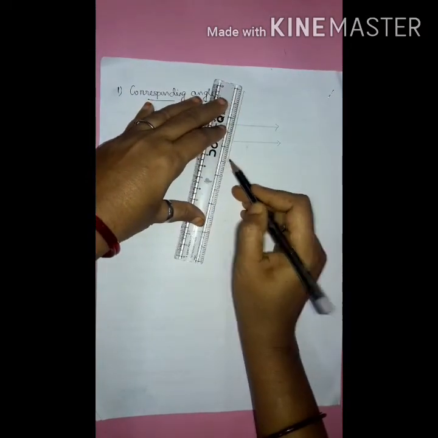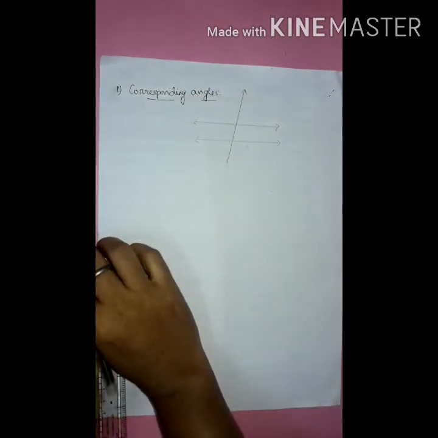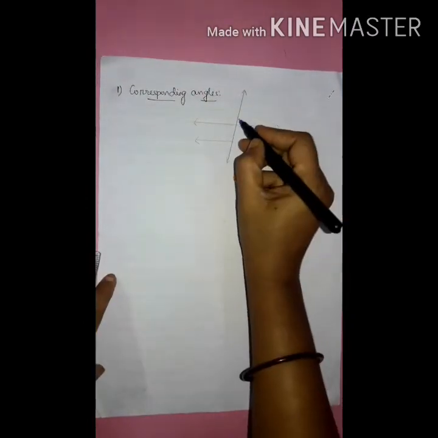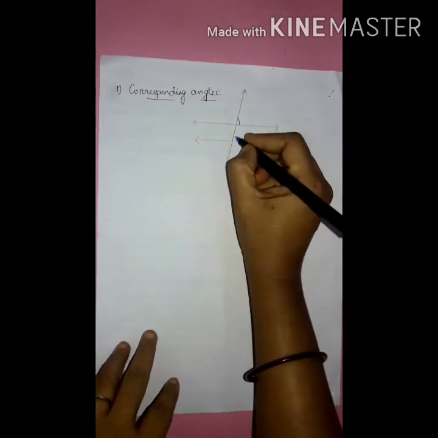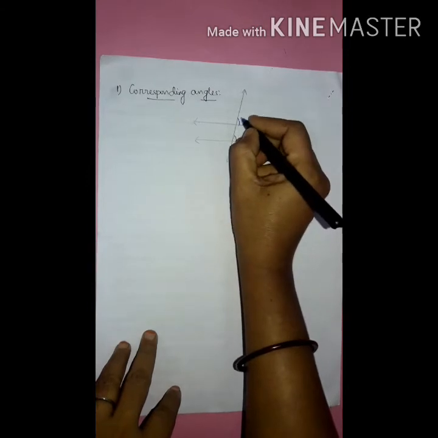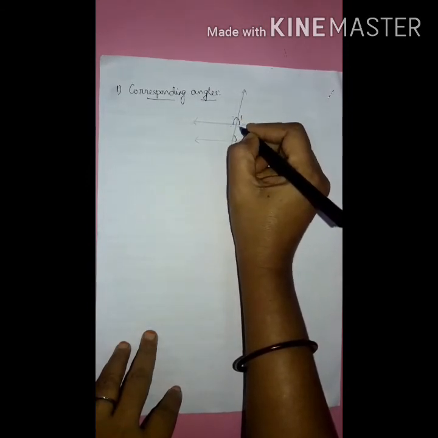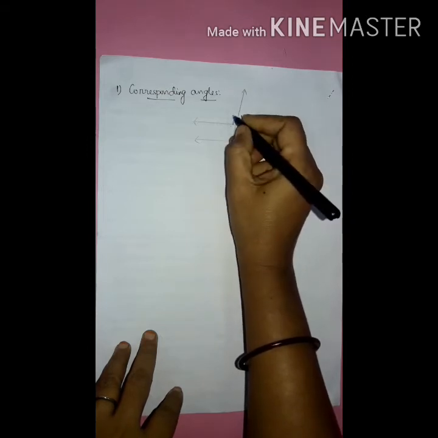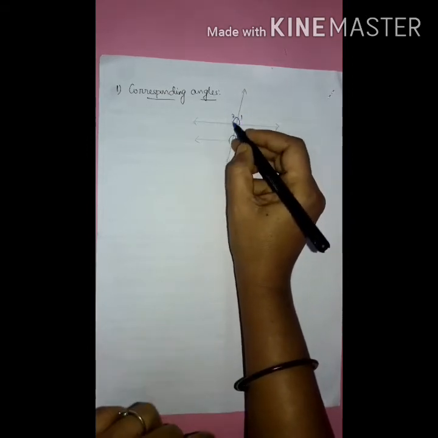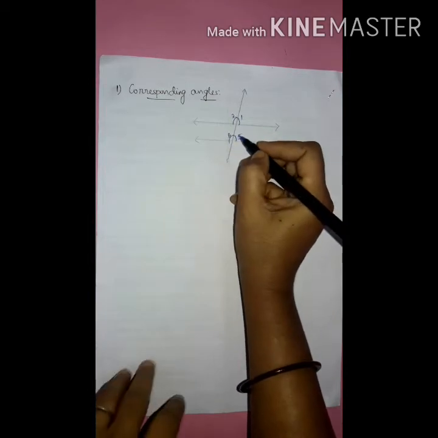Here are the corresponding angles: angles in the same position on the same side. This is angle 1, and so on up to angle 6.